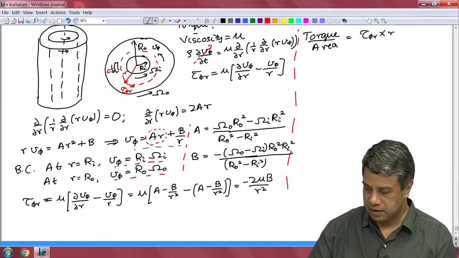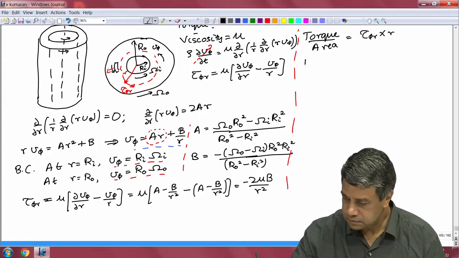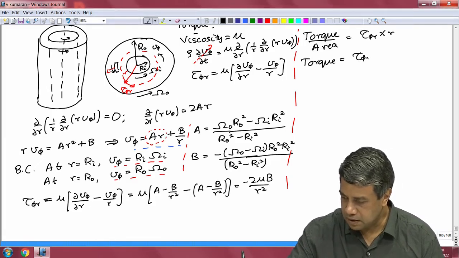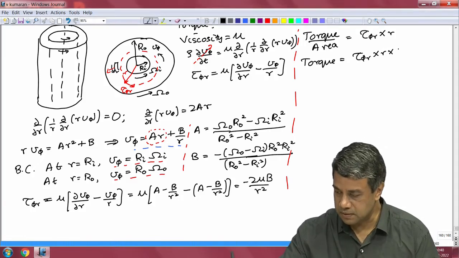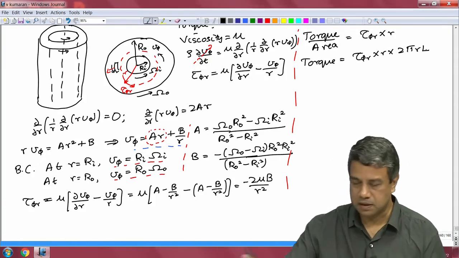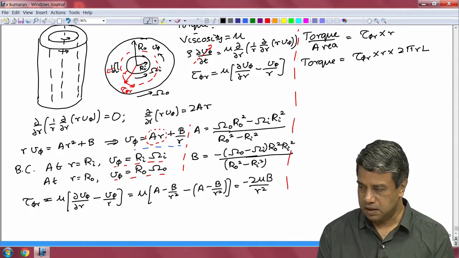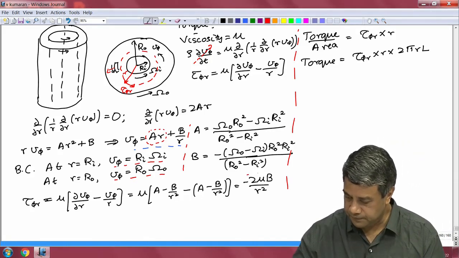And the total torque is equal to tau_phi_r into r into the cylindrical surface area, which is 2 pi r l. I can substitute this in here.